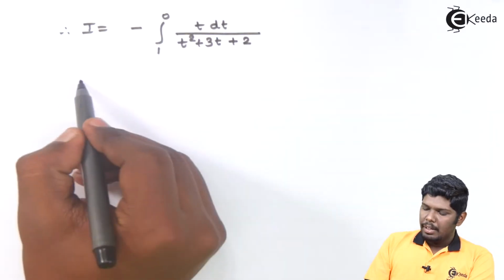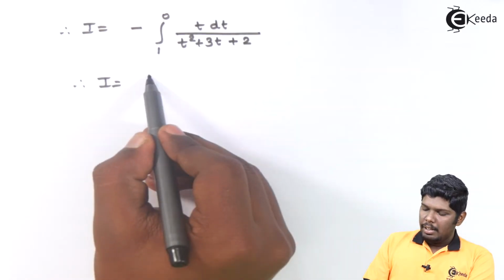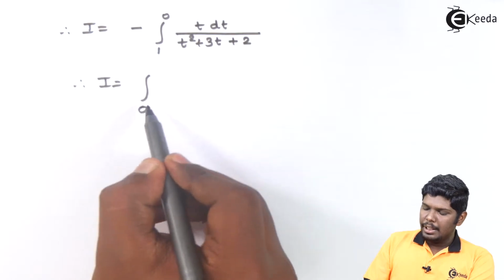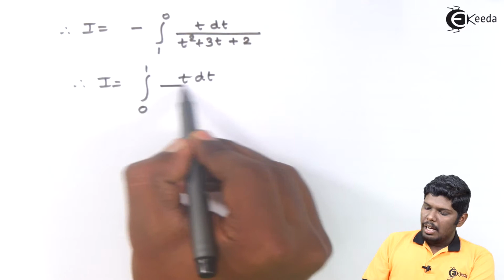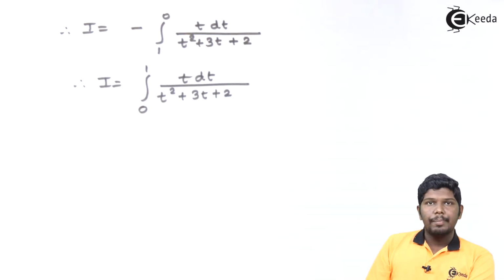That means if I need to eliminate this minus sign, our previous limits, that is 1 to 0, can be directly written as 0 to 1, t dt upon t square plus 3t plus 2.